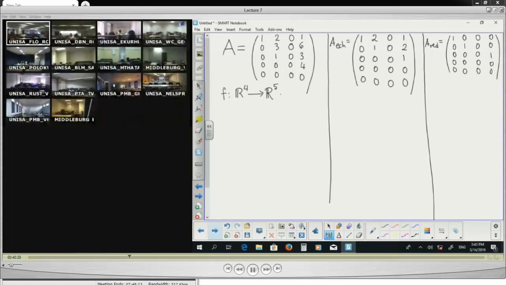What is the order of this matrix? What is the order of this matrix? Okay. So this is also a linear transformation from R4 to R5. And so also is this.